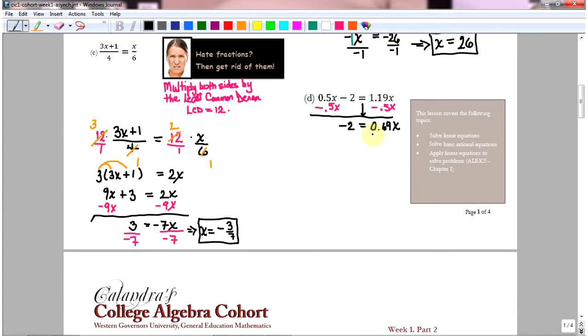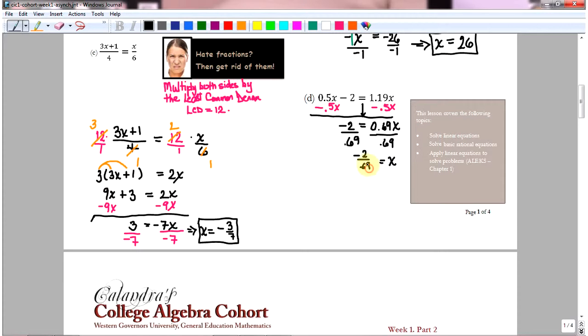Then our last step is to divide both sides by 0.69 because we're trying to isolate our x. So we have x is equal to negative 2 over 0.69.